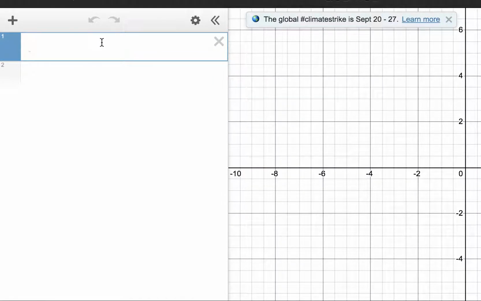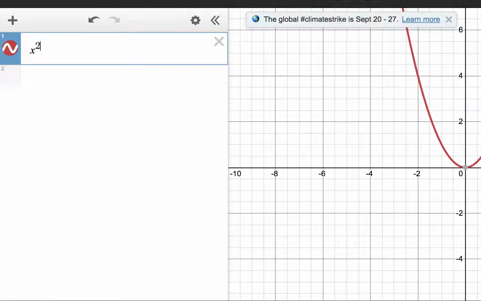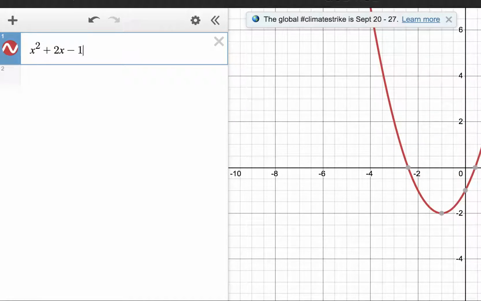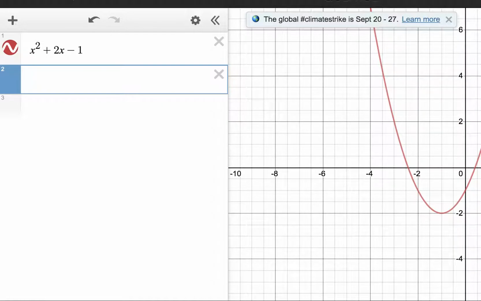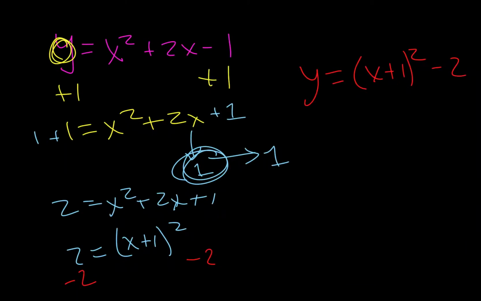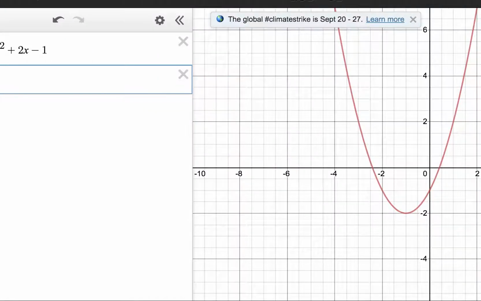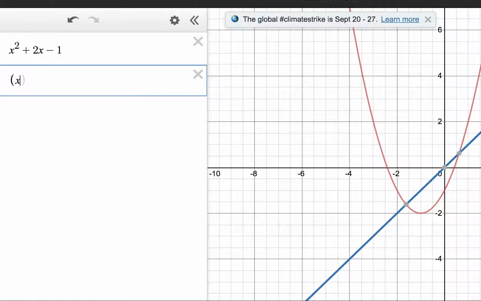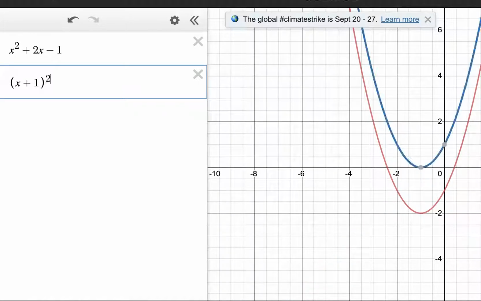Okay, so desmos.com, and the original was x squared plus 2x minus 1, and then the one that we got was x plus 1 squared minus 2.